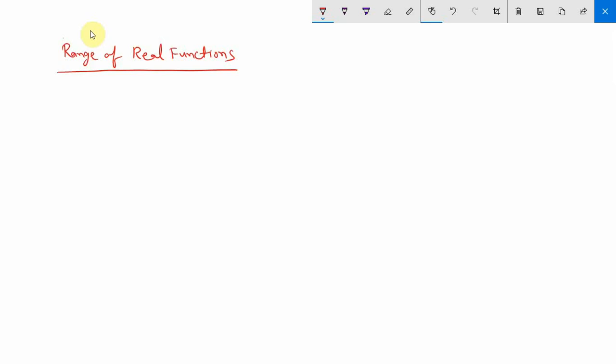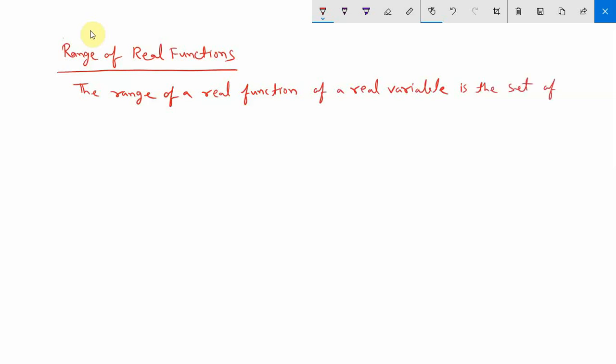So in order to find the range of a real function, we may use the following algorithm. I will write: the range of a real function of a real variable is the set of all real values taken by f(x) at points in its domain.